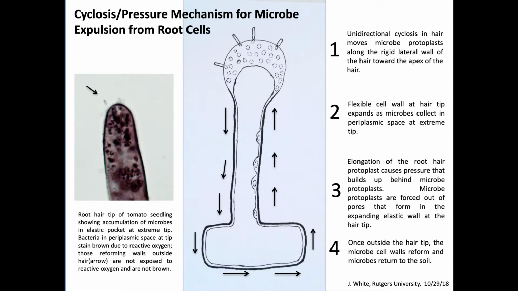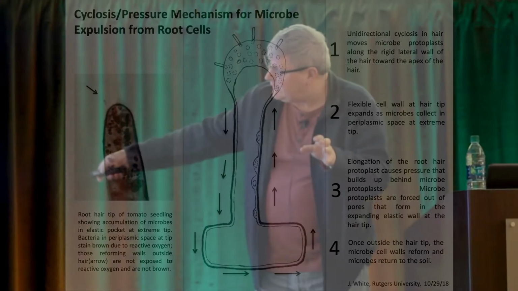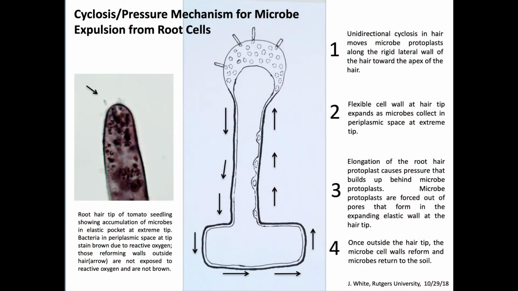Okay, so the way that we think this works is, there is cyclosis, circulating cytoplasm, that goes all around this cell, constantly circulating. And that drags these microbes along this rigid wall here. And this tip is thin walled, very elastic, and it just deposits them there at that tip, and they accumulate there.